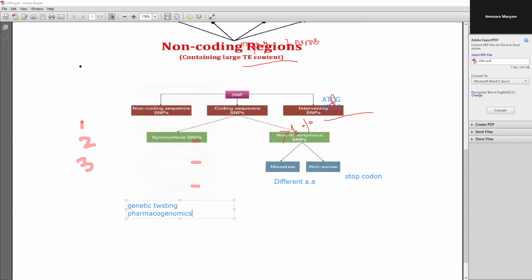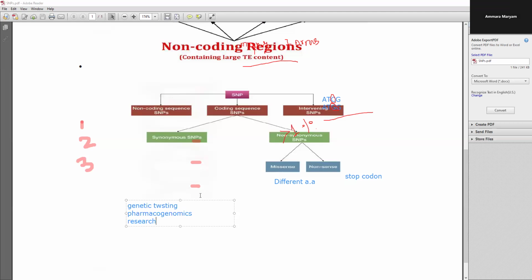And after that, these SNPs can be used in disease research. For example, these SNPs can be used in identifying mutations that are linked with cancer, diabetes, etc.